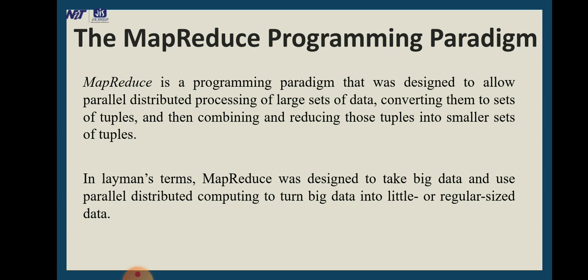In the map task, we delegate the data to key value pairs, transform it and filter it. Then we assign the data to nodes for processing. In the reduce task, we aggregate that data down to a smaller data set.